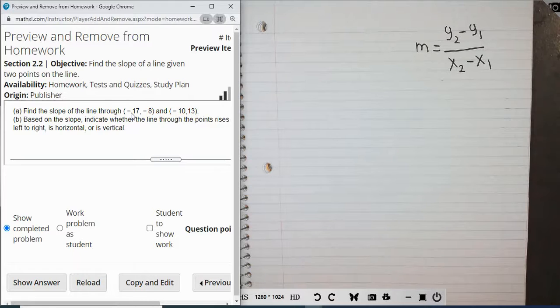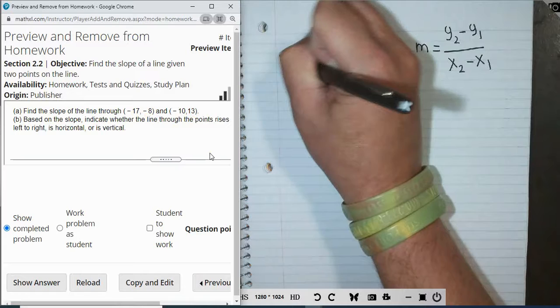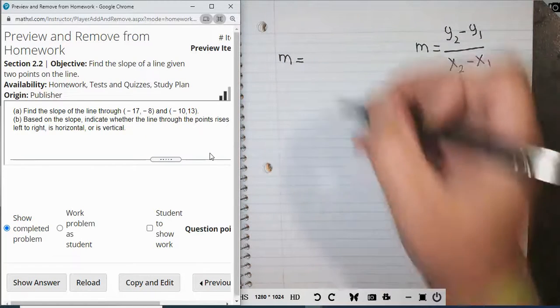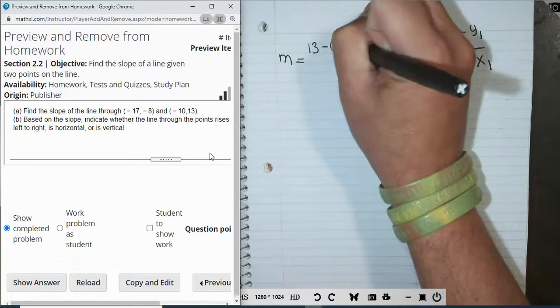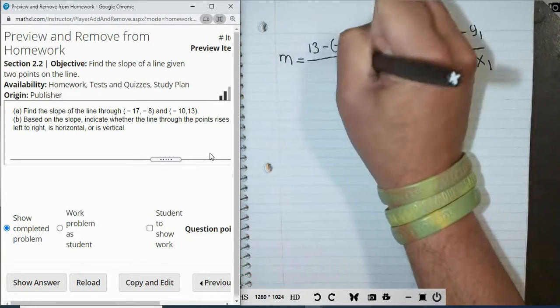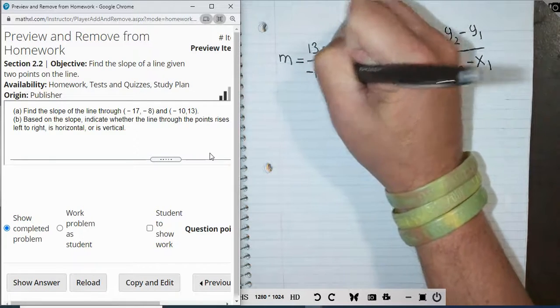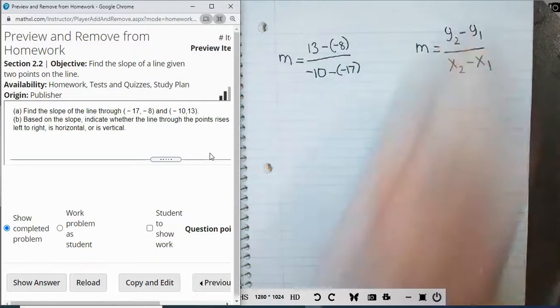That's one way I like to think about it. But let's go ahead and work this out. So the slope equals, we're going to grab that 13, 13 minus negative 8 over, then we're going to grab that negative 10 minus negative 17.